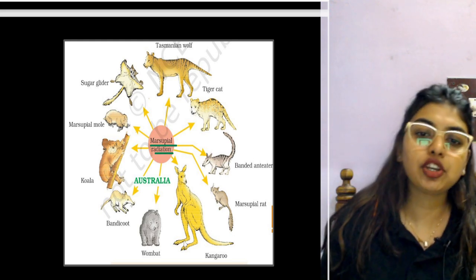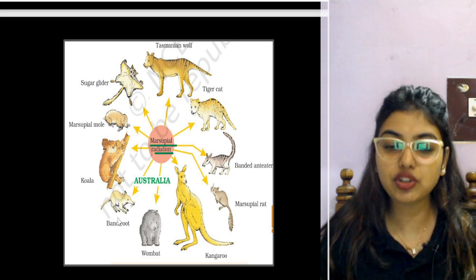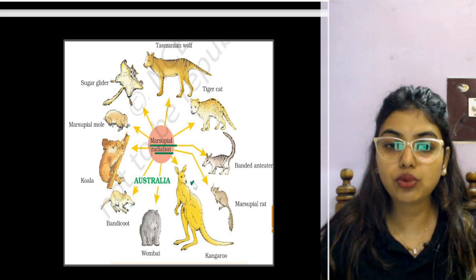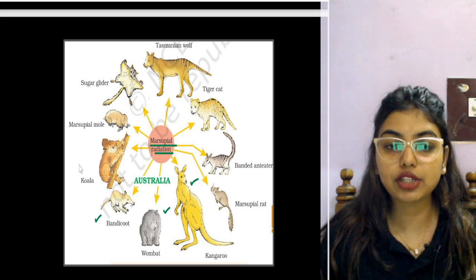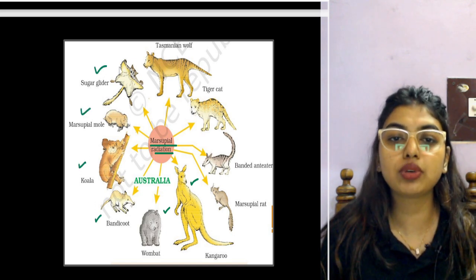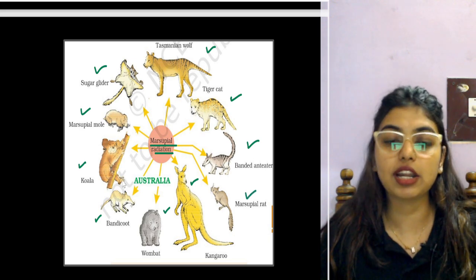Your normal marsupials became all of this. How? One that moved to one side became kangaroos, one became wombat, one became bandicoot, koala, marsupial mole, sugar glider, Tasmanian wolf, tiger cat, banded anteater, marsupial rat.